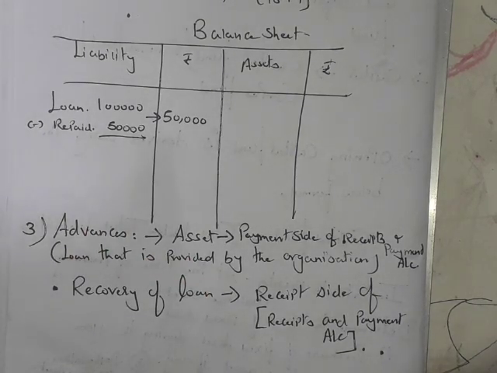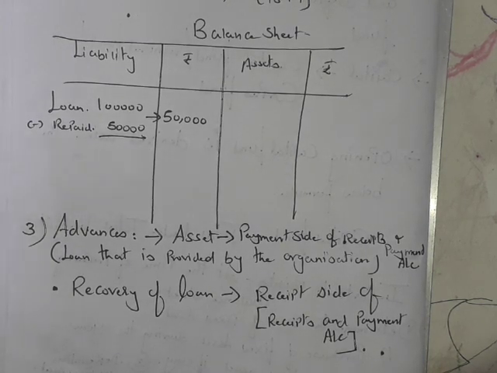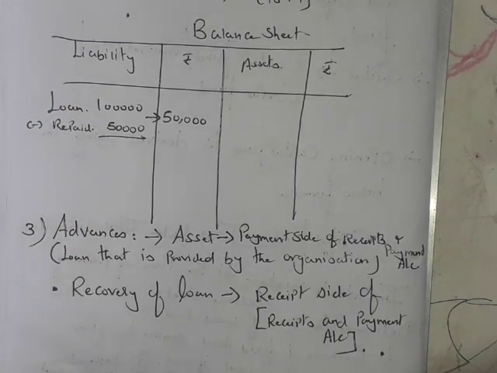The loan will be paid, that means repaid, during the due course of the business or during the due course of the period, which is called repayment of loan. In the same way, the advances you have offered will be recovered. That's called recovery of loan.